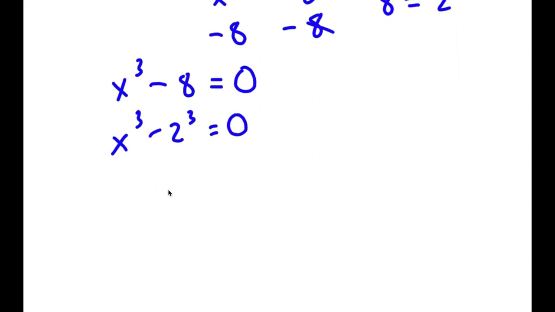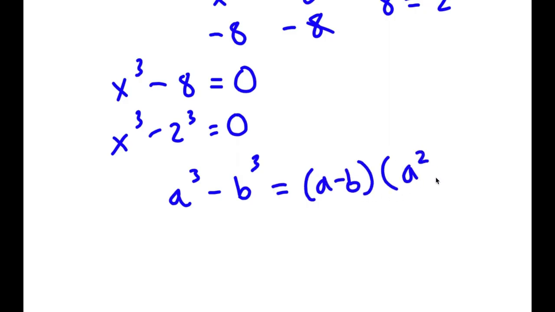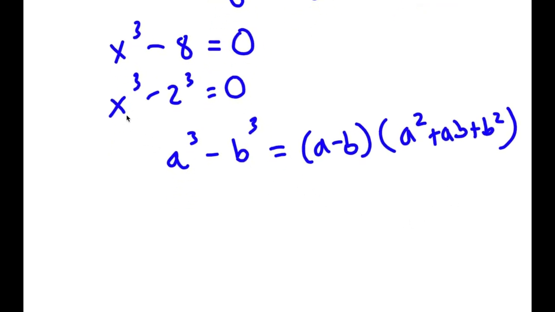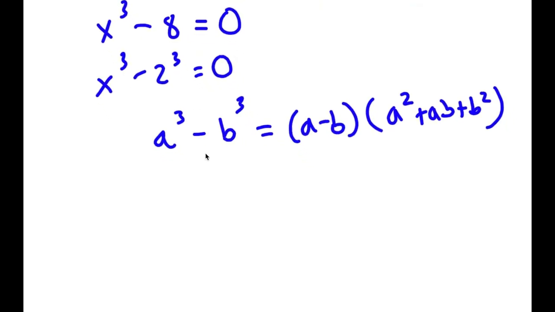Now an important property in algebra is that if I have something in the form a to the power of 3 minus b to the power of 3, this is equal to a minus b times a squared plus ab plus b squared. So right here we have x to the power of 3 minus 2 to the power of 3.